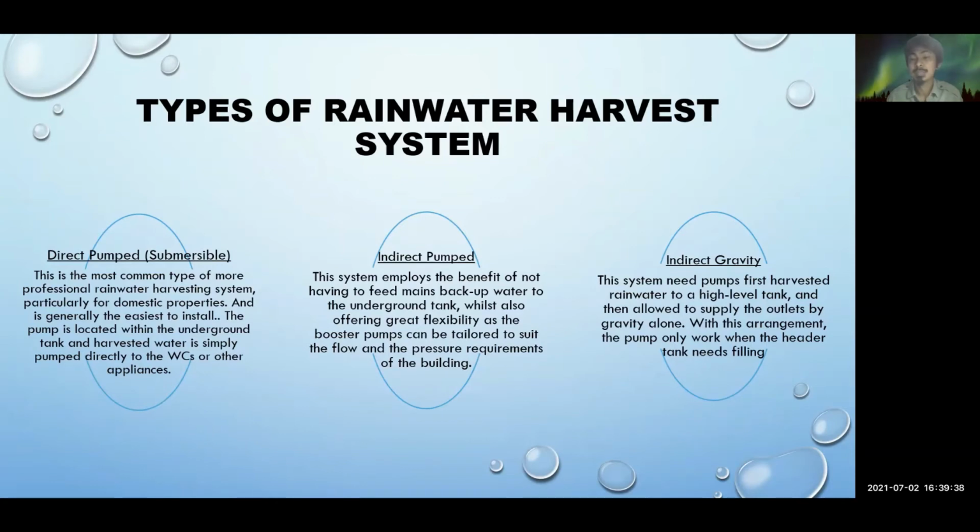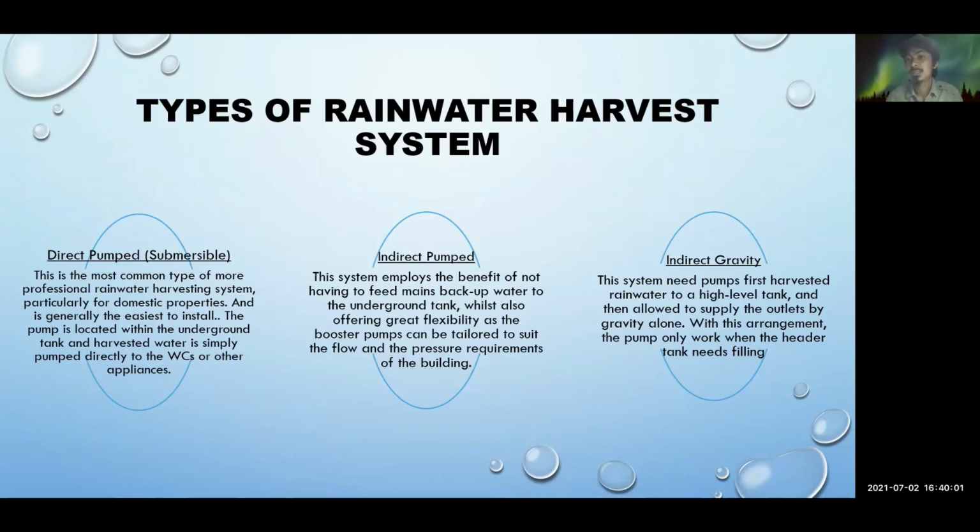So we do not simply deliver the water from the catchment area to our storage tank without reaching the standard requirement that we have from our authority. So this one we call indirect pump.